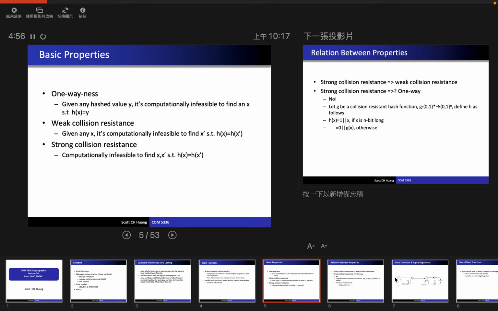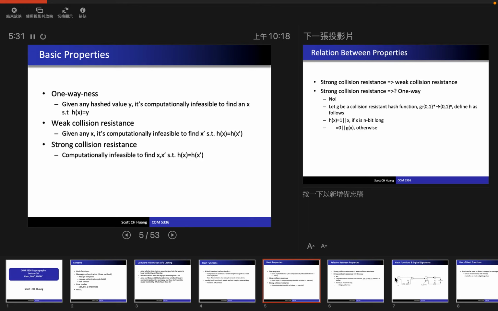In the weak version, you give me some x, so you already give me more information, and even so, I cannot find the other. The stronger version is you don't give me anything at all. It's impossible to find such a pair, no matter whether you give me x or not. So the strong implies the weak, but not vice versa.